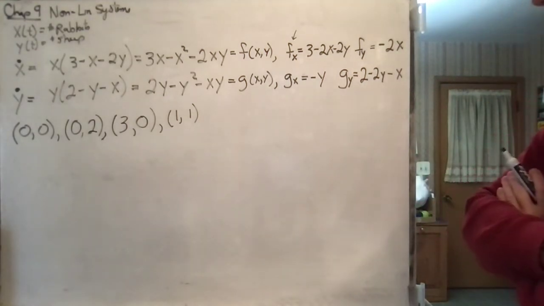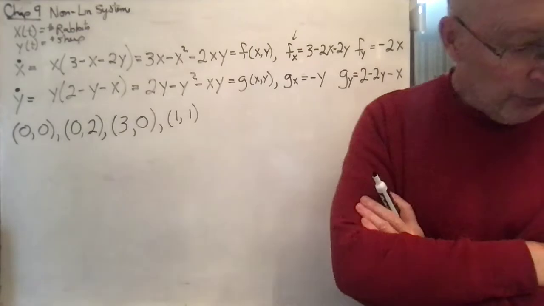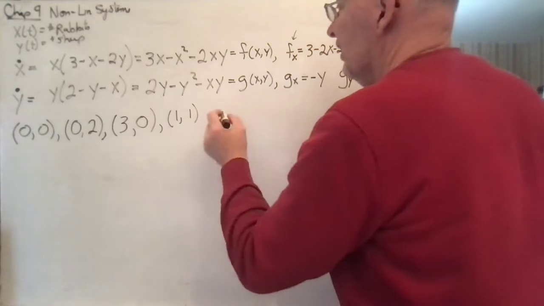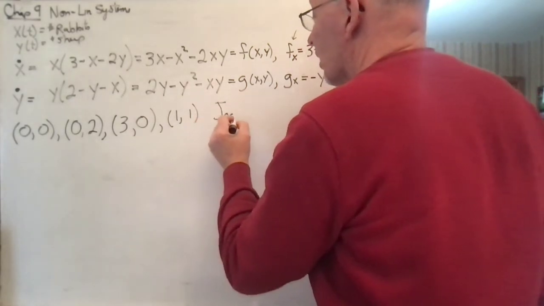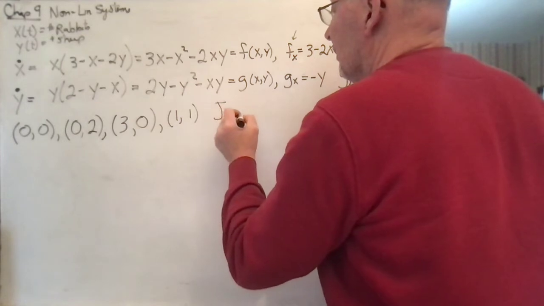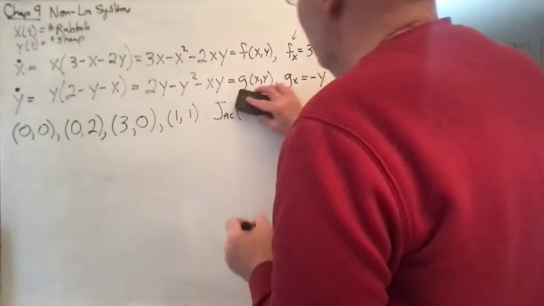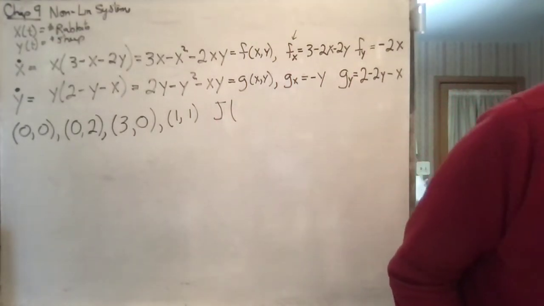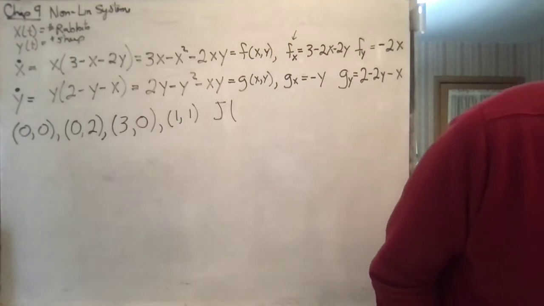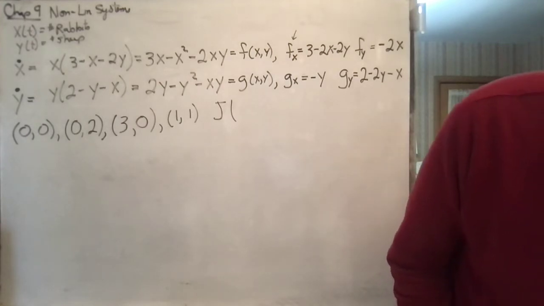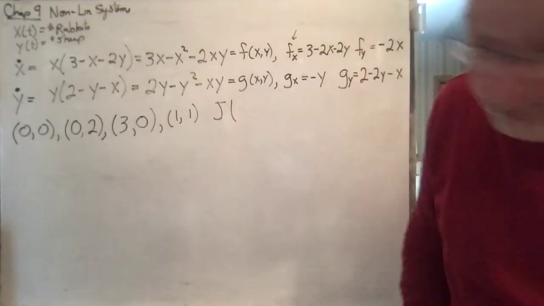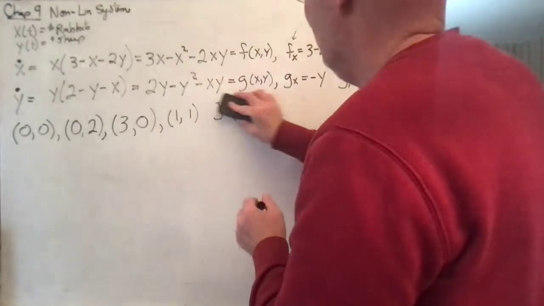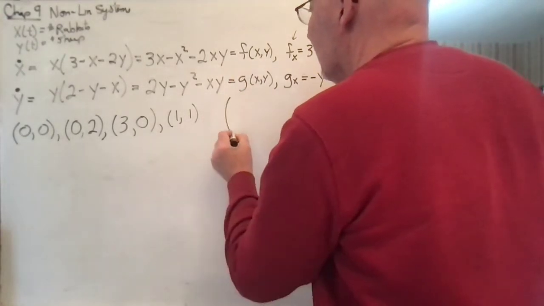Okay? So it turns out, and I won't go through all the theory here, it's in the book, but basically it's called the Jacobian. I'll just write it as J. The Jacobian is this matrix.